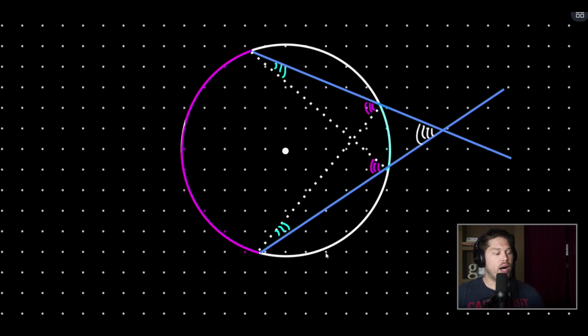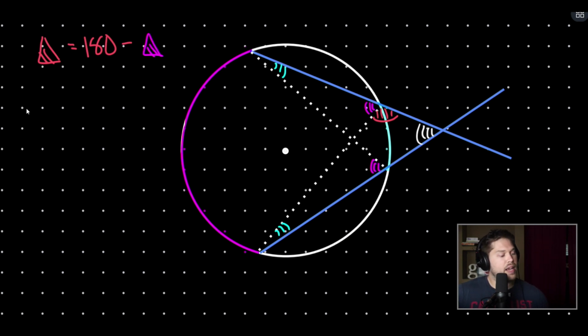Our white angle is in a triangle, but we need to know what this red angle is before we can define what our white angle is. So notice that our red angle is supplementary with our purple angle as it forms a linear pair with it. Therefore, our red angle is equal to 180 minus our purple angle.